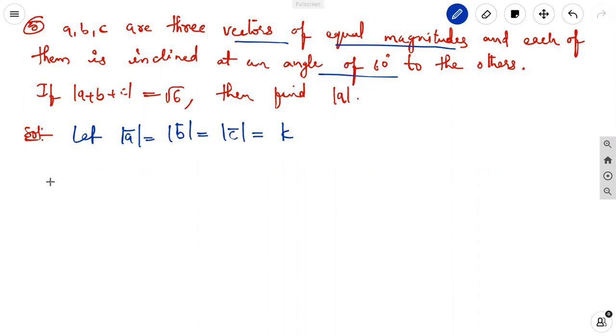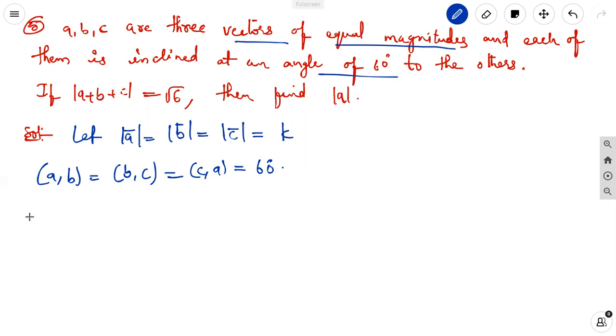That is nothing but the angle between A vector and B vector is equal to that between B vector and C vector, equal to that between C vector and A vector, equal to 60 degrees.